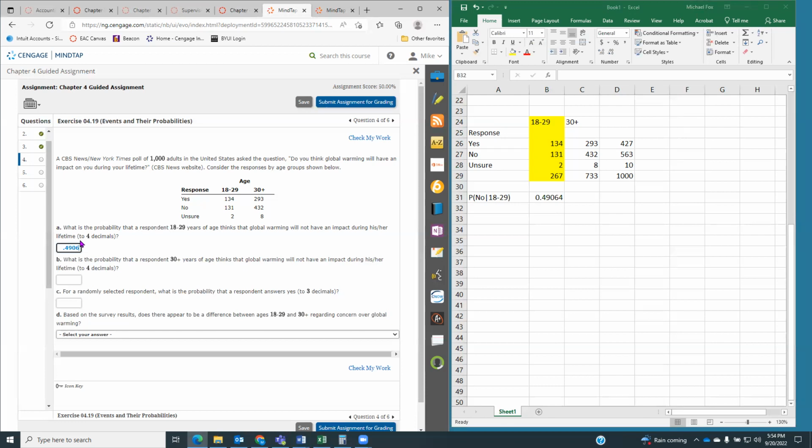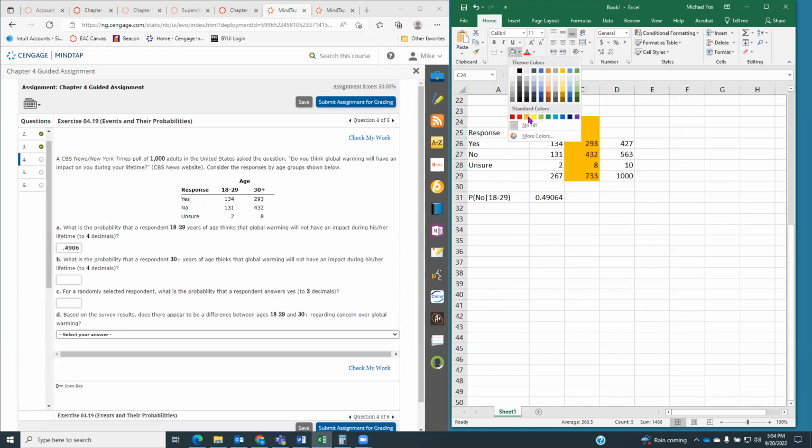So the second question is, what's the probability that a respondent 30 plus years of age thinks that global warming will not have an impact? So here, we're not going to limit to this data set. We're going to limit to the 30 plus data set. So now we'd be saying, what's the probability of a no answer given someone is 30 plus?